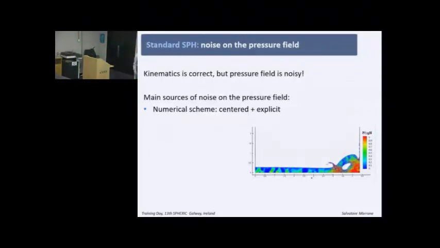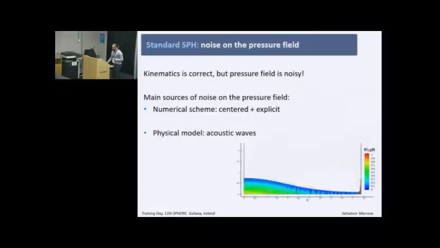The first one is due to the nature of the numerical scheme, the fact that it's centered and explicit. I will go into details just in a moment. But let's say that the first source is due to the intrinsic nature of the numerical scheme. The second point is the physical assumption.